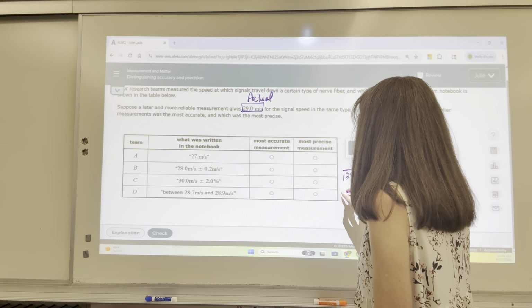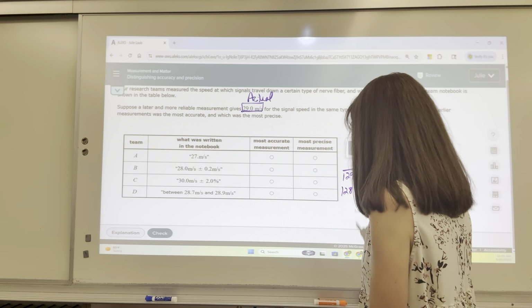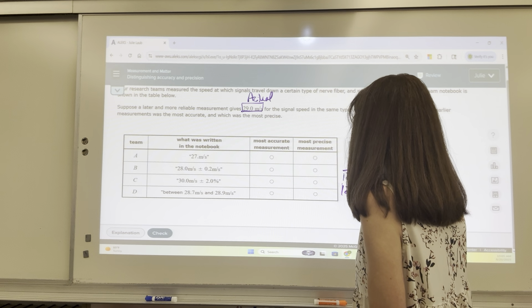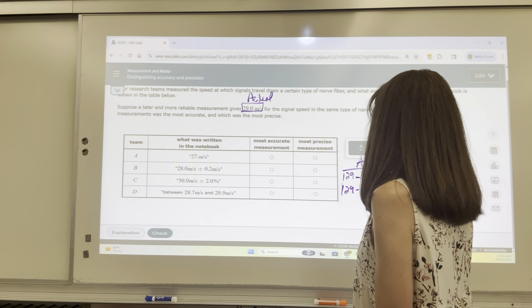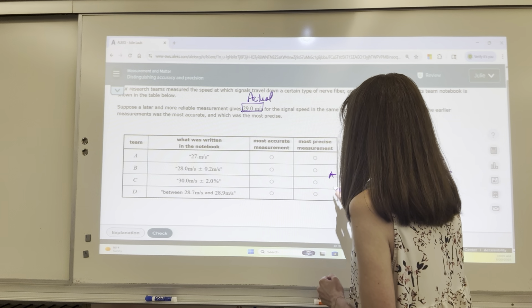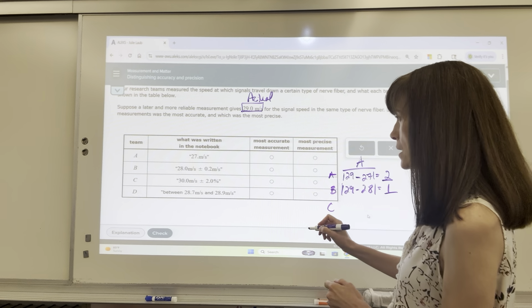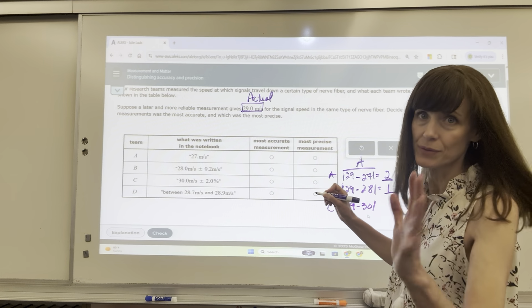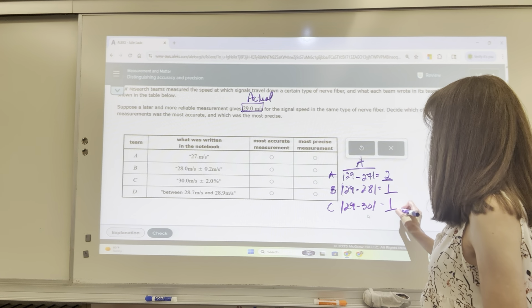Then I'm going to take the 29 minus 28, and that gives me 1. That was my A, here's my B, let's do C. Absolute value, 29 minus 30. Remember, absolute value is going to give me 1.